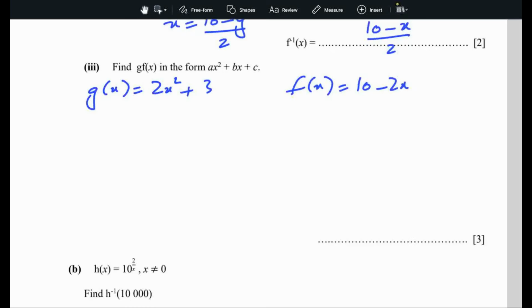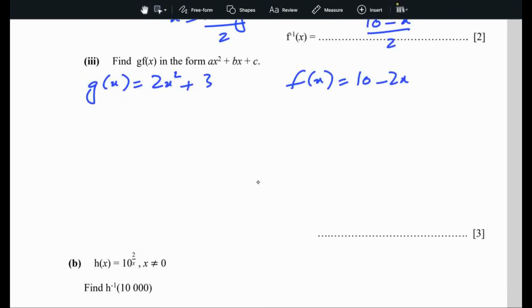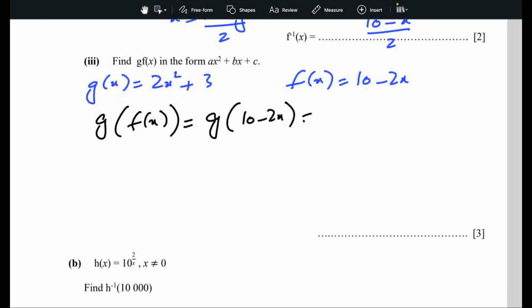Now, g f of x means what? This means that g f of x, and it means that g of 10 minus 2x, and it means that 2 into 10 minus 2x whole square plus 3.